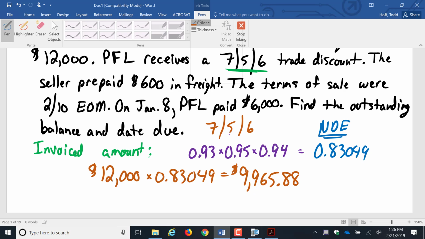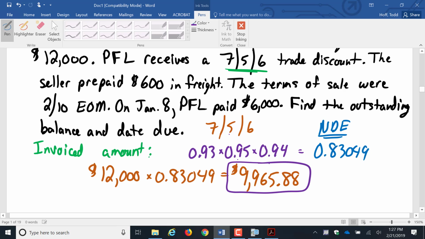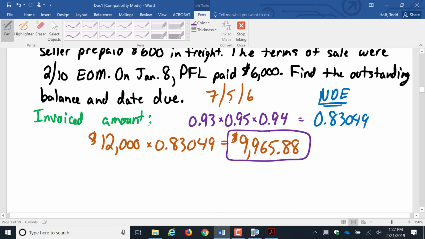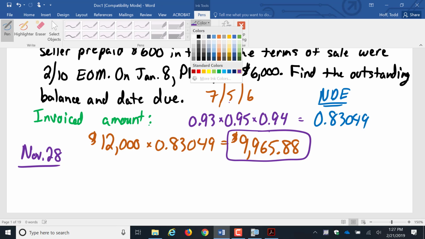So the amount that actually appears on the invoice is $9,965.88. And that invoice will be dated November 28th. However, it's 2/10 EOM.